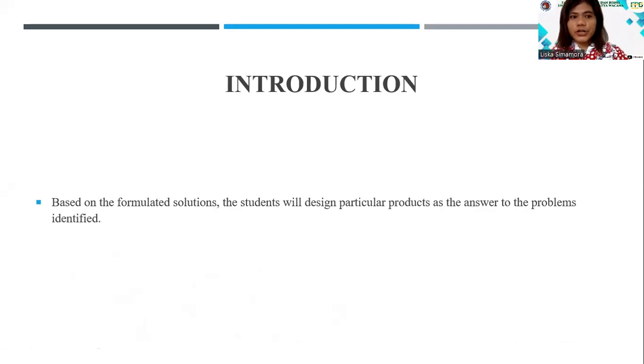As I mentioned before, based on the formulated solutions in chapter 3, you will design particular products as the answer to the problems identified. You identify the problem, you find the solution, you decide the solution that you are going to implement, and the solution can be realized by selling a product. So what kind of product you are going to sell, you have to design.